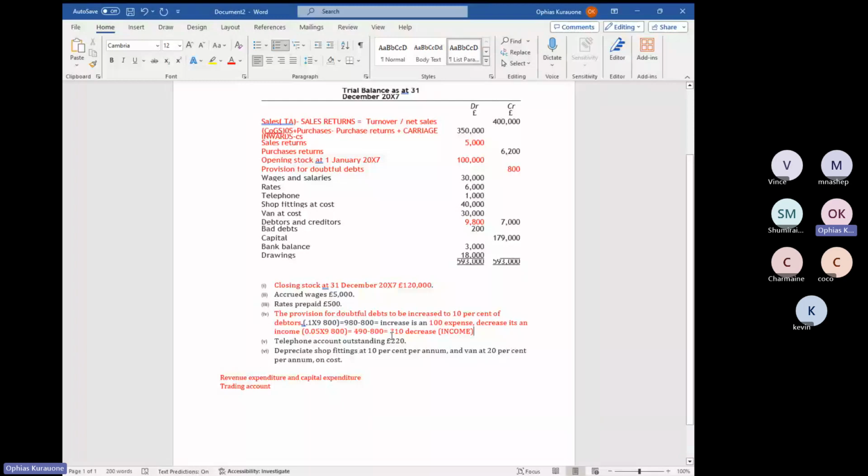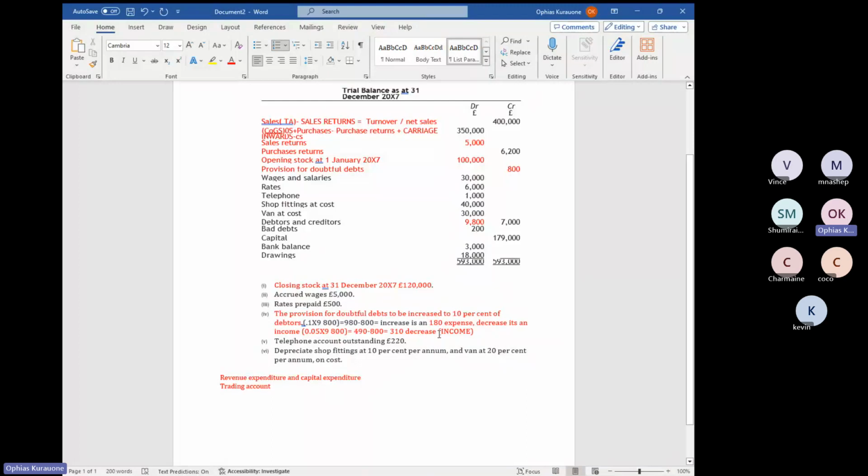If it is an increase like here, because we're putting the provision, the accountant has placed them at 800, then they calculated to be 980, which means 980 minus 800, sorry, it's 180. So 180 is an expense.